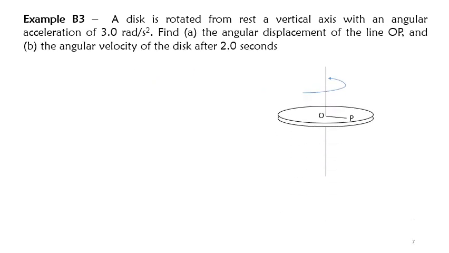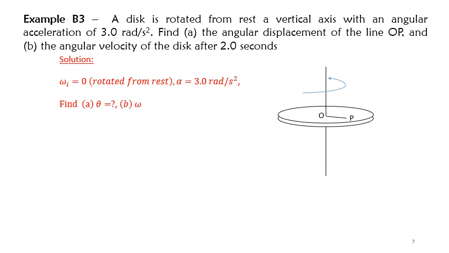That's the disk rotating from rest, and the time to rotate is 2 seconds. So, solution. Rotating from rest, that is omega sub I is 0 radians per second, then alpha is 3 radians per second squared. Then we calculate A, the angular displacement, and B, the final angular velocity.